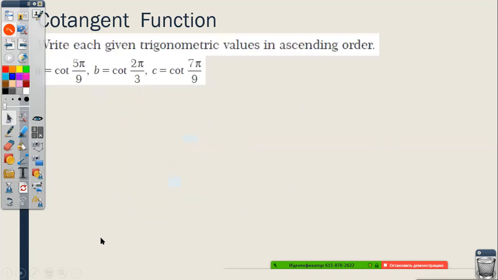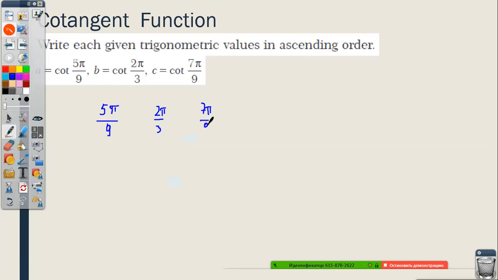Now let's do some examples here. Write each given trigonometric value in ascending order, from smaller to bigger. The values are given in pi. Now we should compare these angles. Let's write 5 pi over 9, 2 pi over 3, and 7 pi over 9.